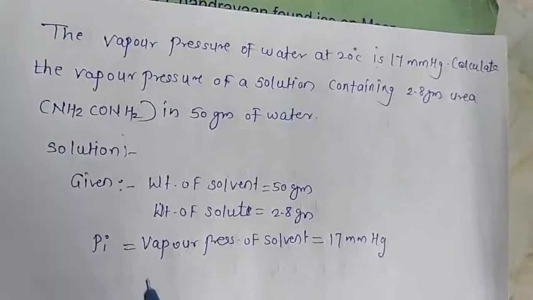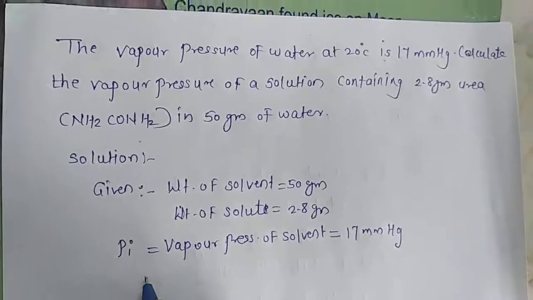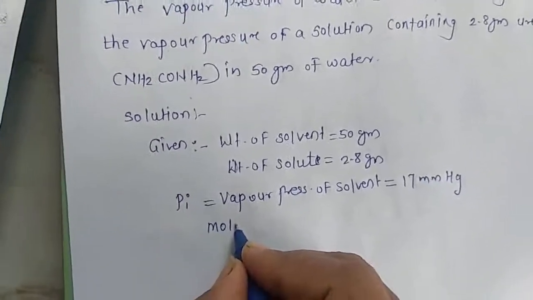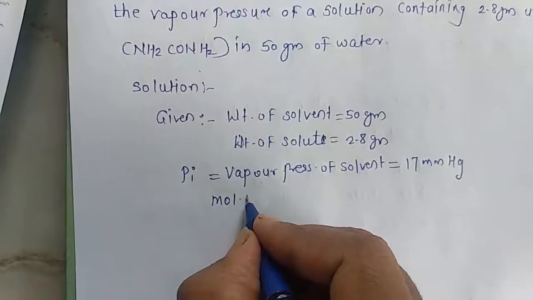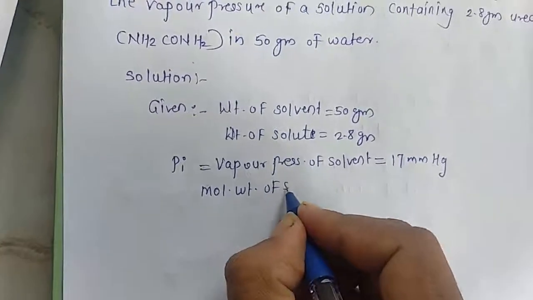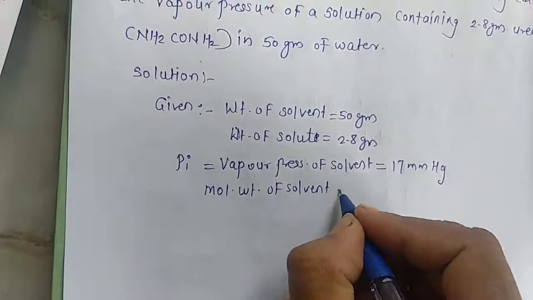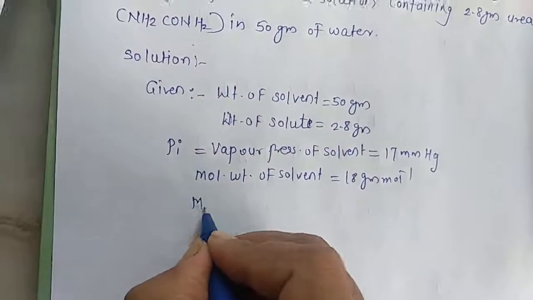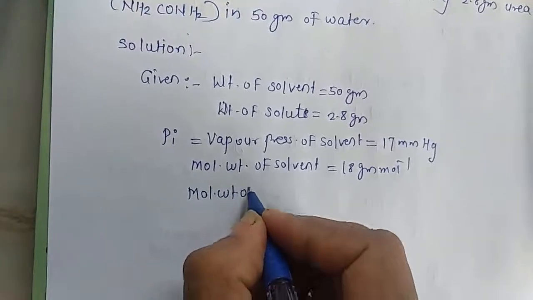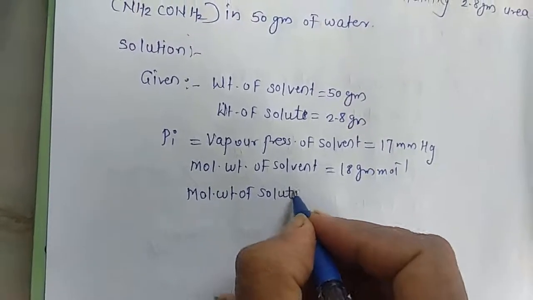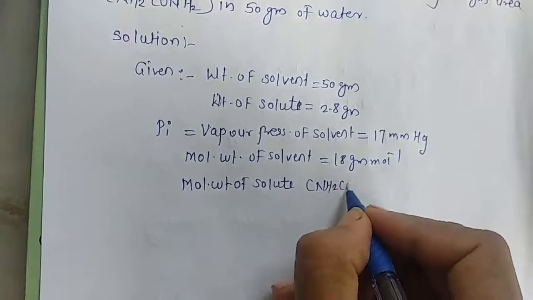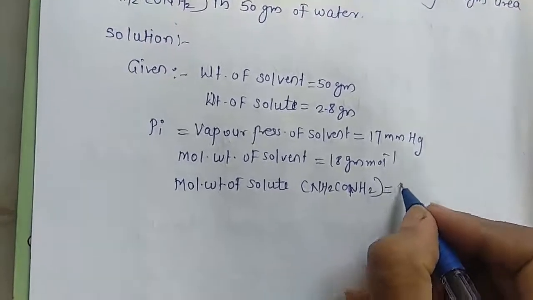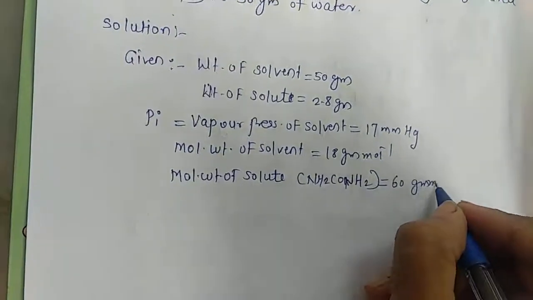Here we are to calculate the molecular weight for water. We know that for water, H2O, the molecular weight of solvent is equal to 18 gram per mole, and the molecular weight of solute, urea NH2CONH2, is equal to 60 gram per mole.